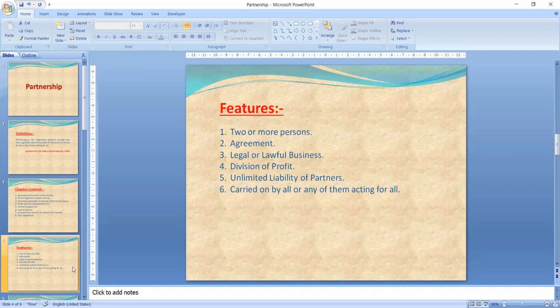Okay. The third point is legal or lawful business. Legal or lawful business means the business in partnership should be legal. Legal means allowed by rules and regulations.